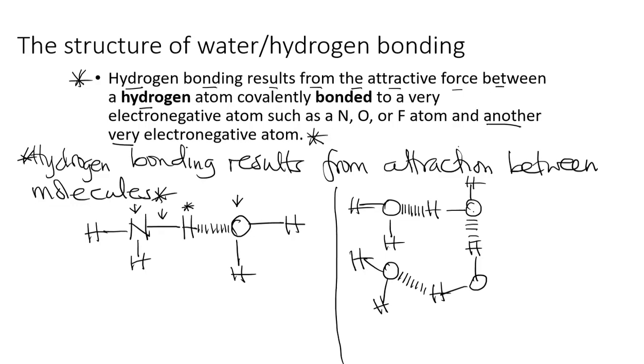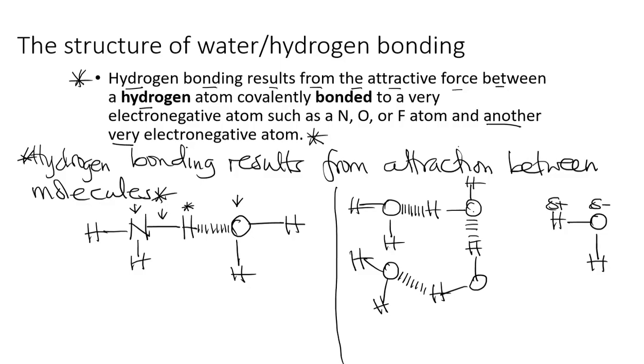So the question is, why is water able to form these hydrogen bonds? The answer is, if you look at water, this is the structure of water. Oxygen is more electronegative than hydrogen. So there will be a polar bond in water, such that the oxygen here will be partially negative, the hydrogen here will be partially positive.